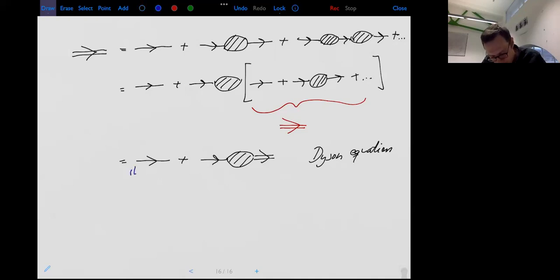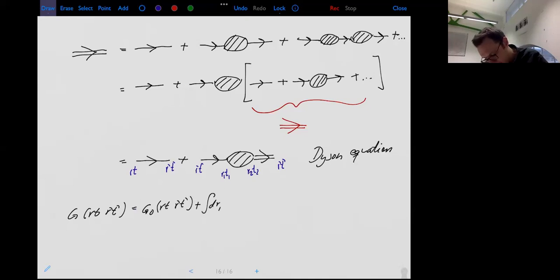points to it, where we attach space-time points to everything, like this, and then we just follow the rules. We can derive the following equation for the interacting Green's function. Again, we have to integrate over all intermediate space-time points.